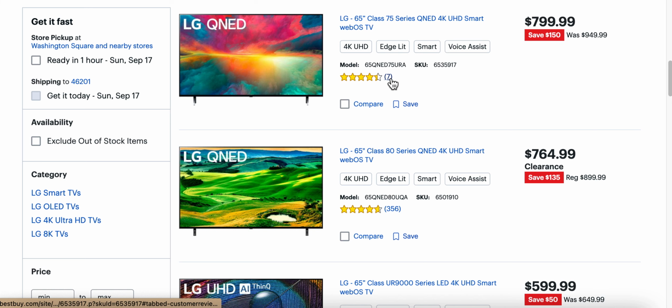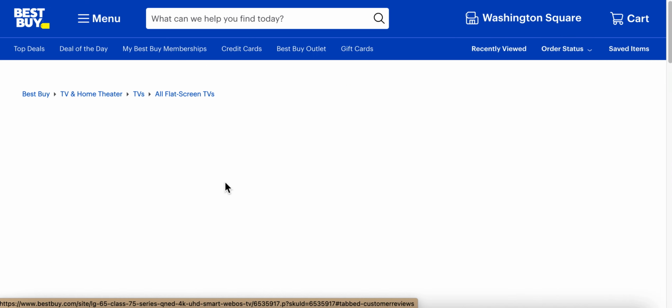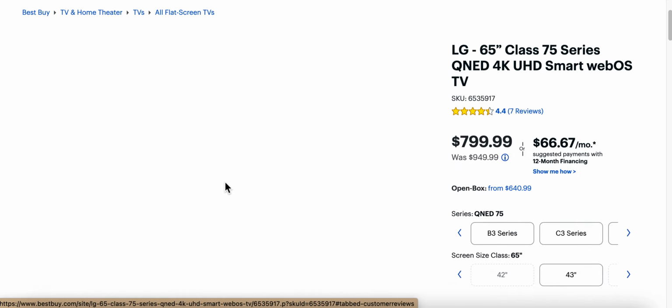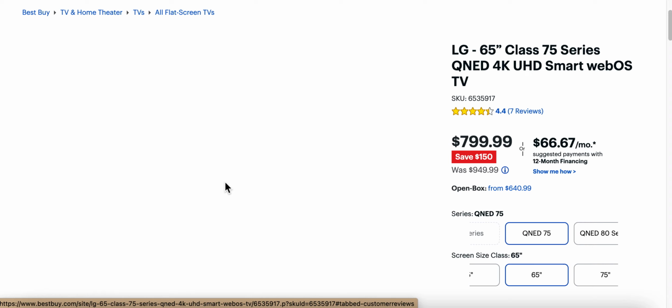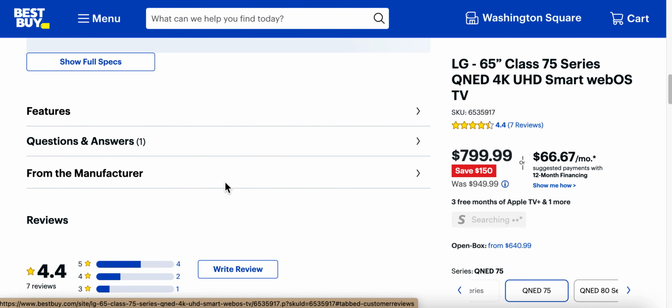Now look at this one. This one has very few ratings at all, so a very small sample. So it's not something I would necessarily trust.